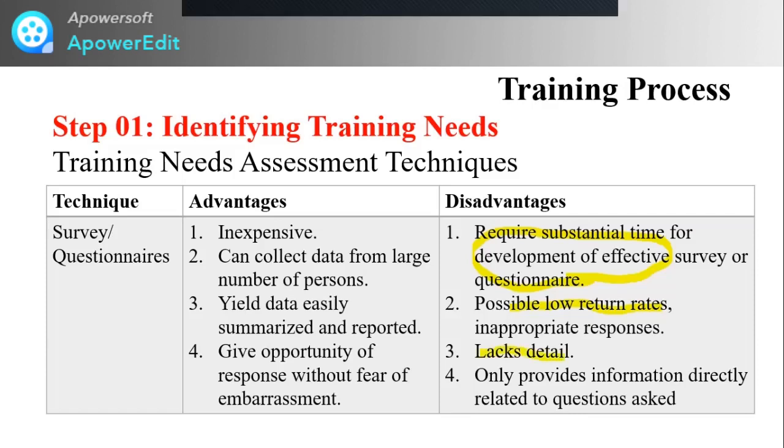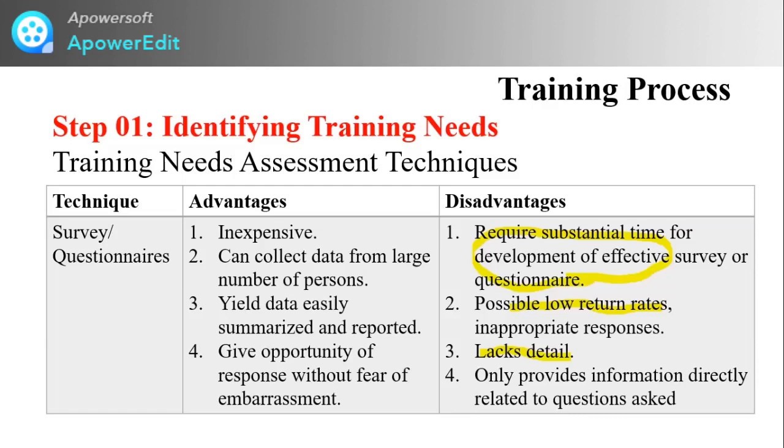It also lacks detail. Employees usually fill in the data considering the questions. They look at the space given and the question, and then they give very limited information. Therefore, the data are limited, not in detail.